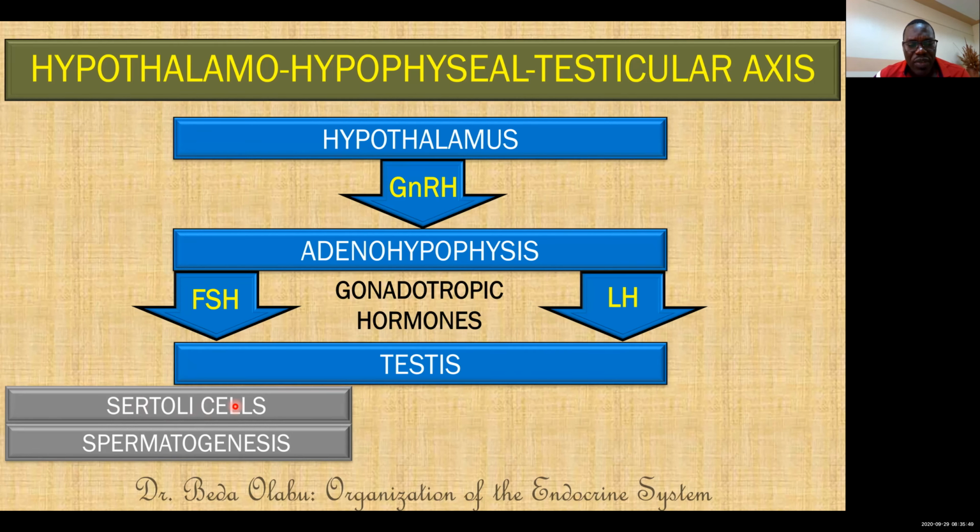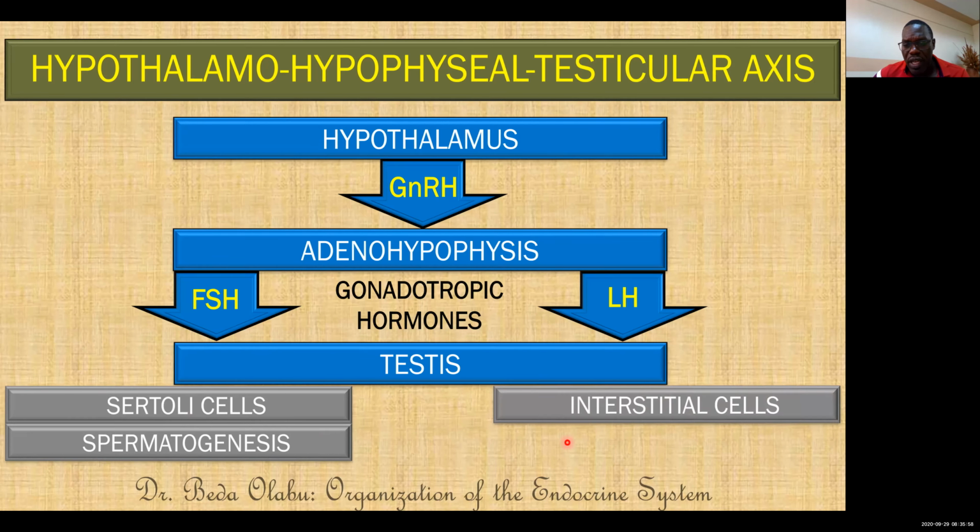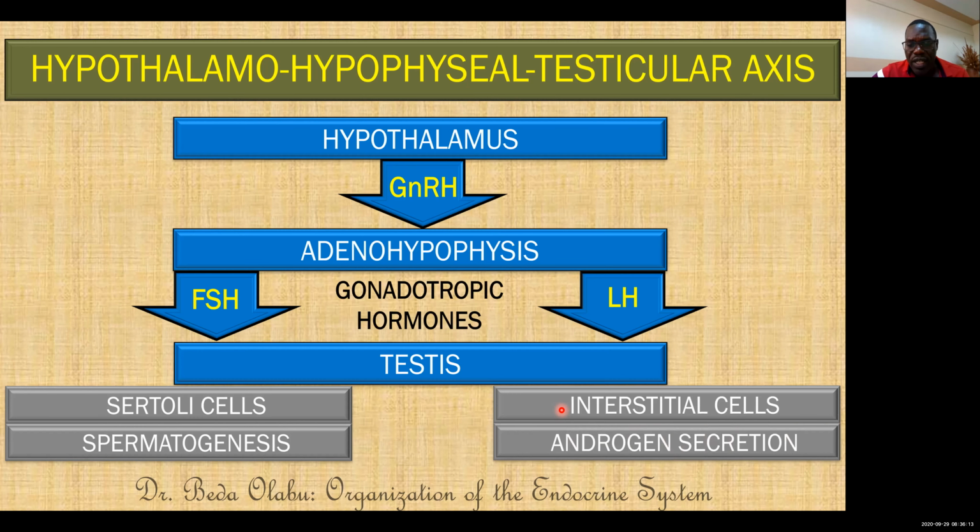The Sertoli cells are within the seminiferous epithelium, which is the site of spermatogenesis. On the other hand, the interstitial cells of Leydig are the ones targeted by the luteinizing hormone. And the effect of LH stimulation on the interstitial cells of Leydig is secretion of androgens.